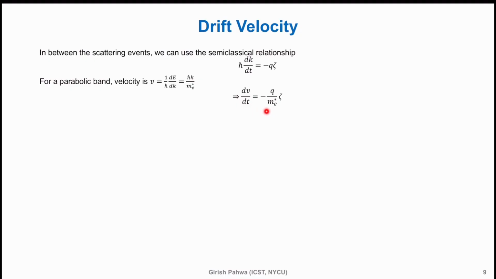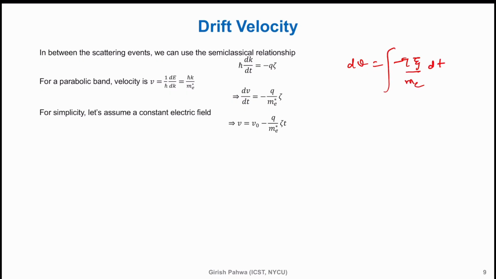Now I can integrate this equation. Assume that this electric field is constant. For that, you integrate from 0 to t, right? So this will give you v is equal to some v naught minus q E into t by m, correct? So dv will be equal to minus of q into E by m into dt.